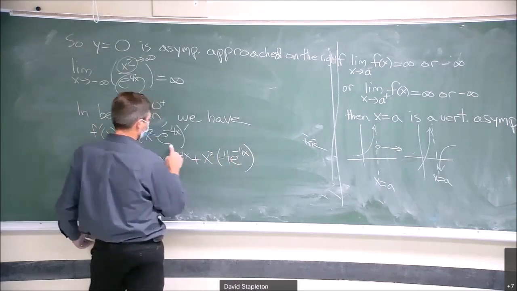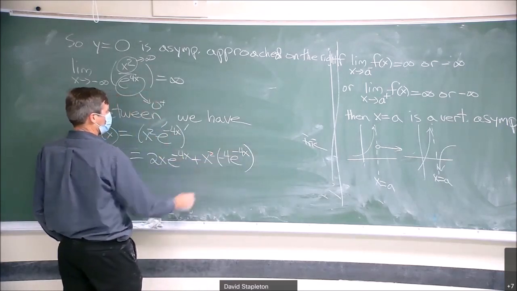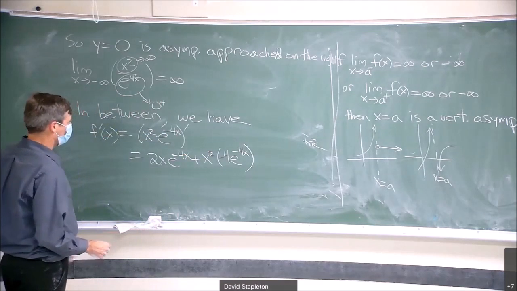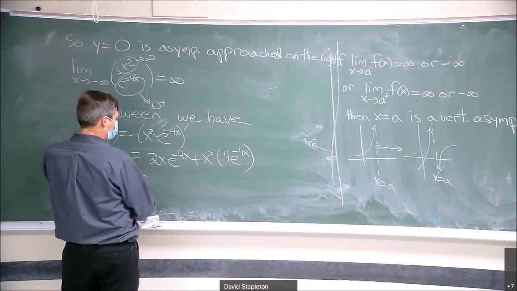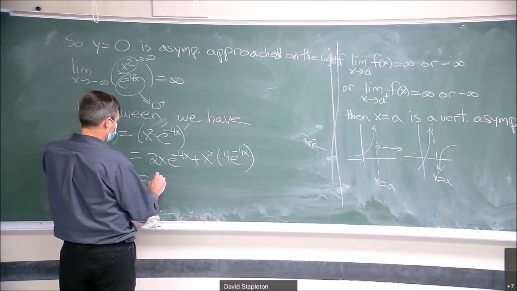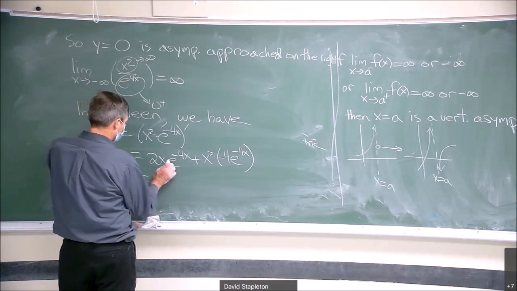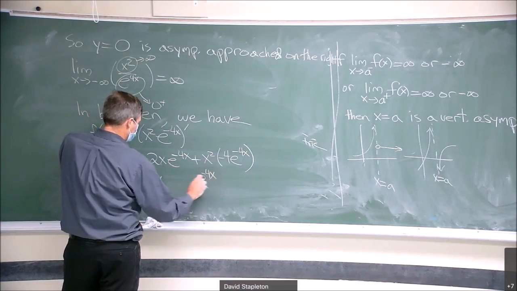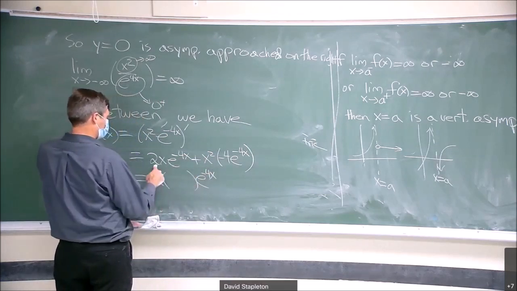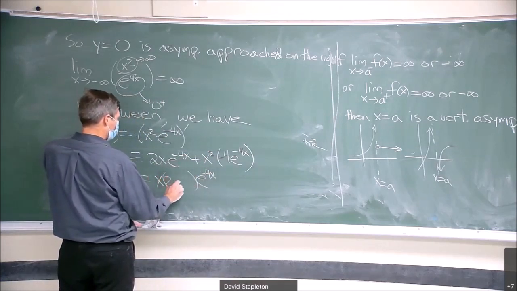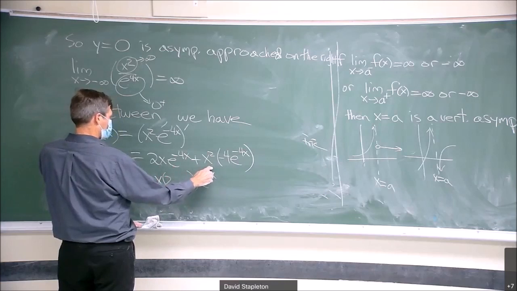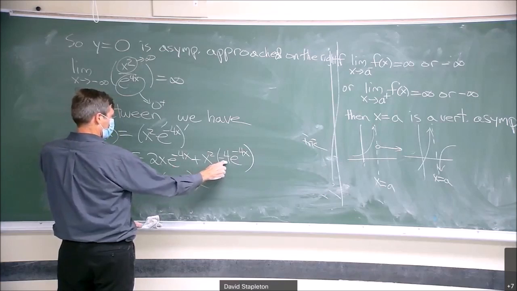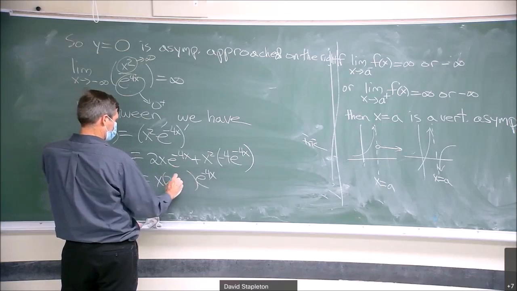Derivative of e to the kx is k e to the kx by the chain rule, you recall? Now I've got a common factor of x e to the minus 4x, so let's write x e to the minus 4x, and that all multiplies 2 minus 4x.